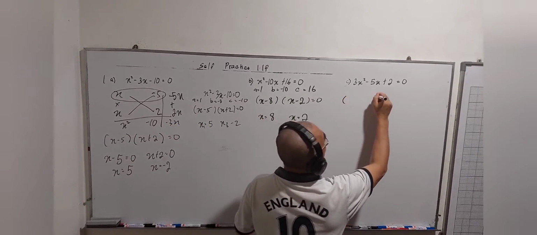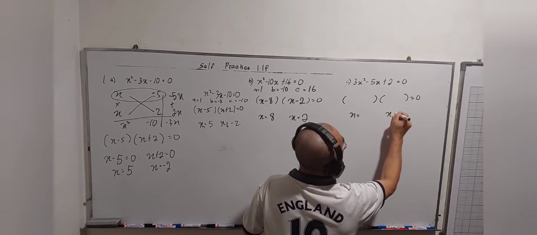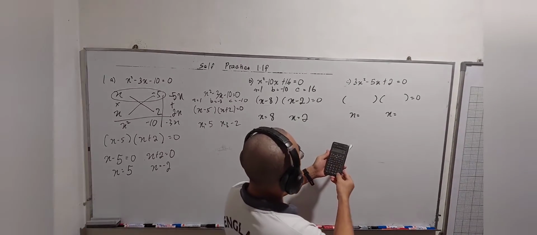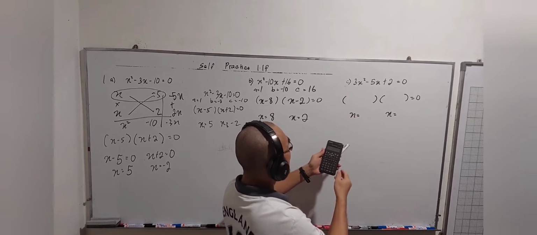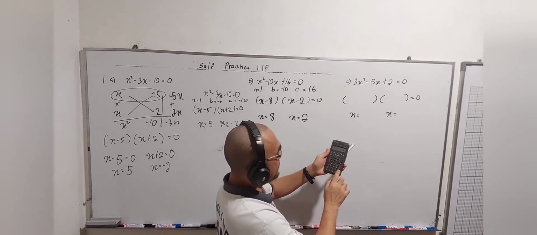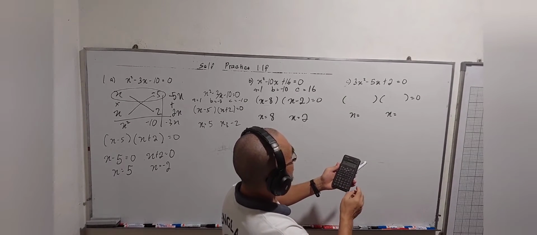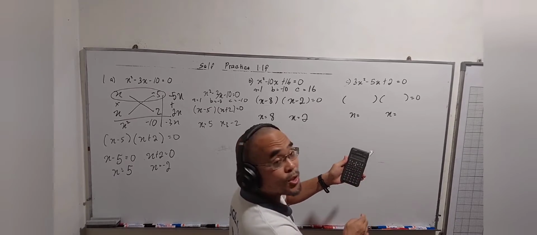Similarly, with c, the first x and the second x, and then we just insert the values. A is 3 now, 3x squared, and B is negative 5, and C is 2. So you get the first value, x is 1, and the other is 0.66.